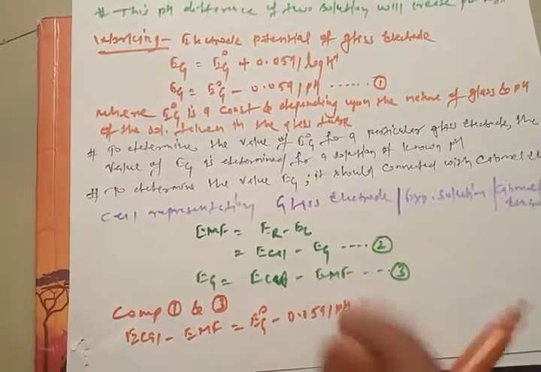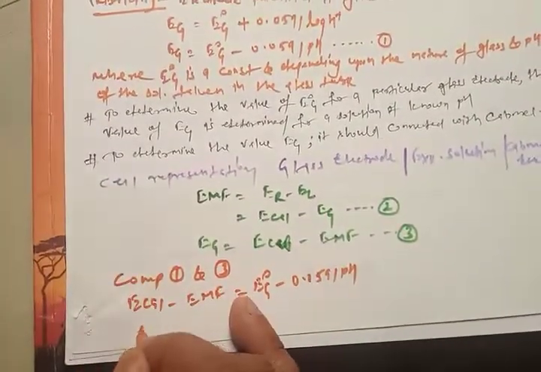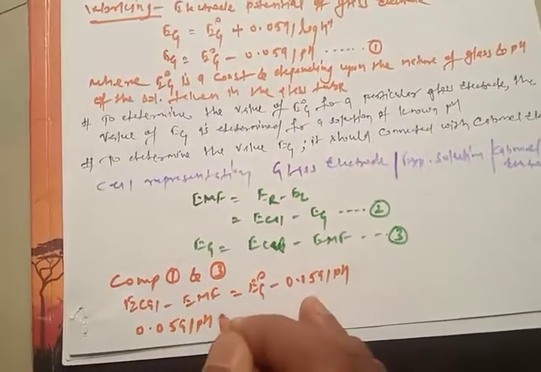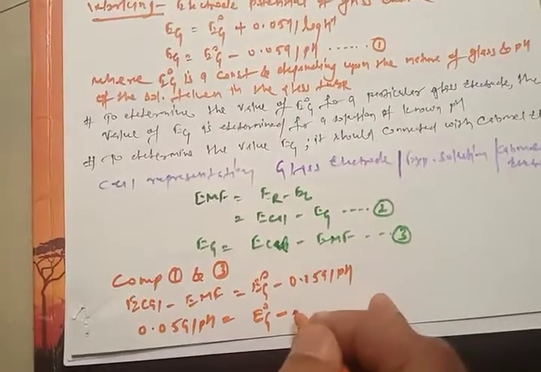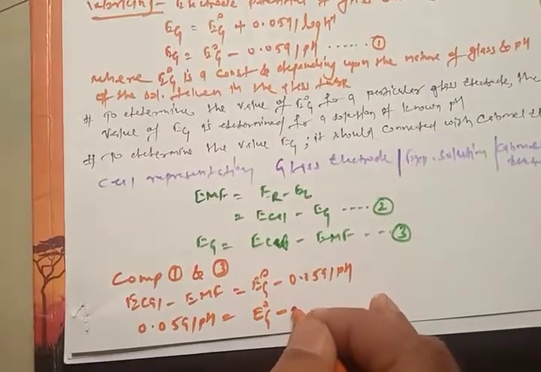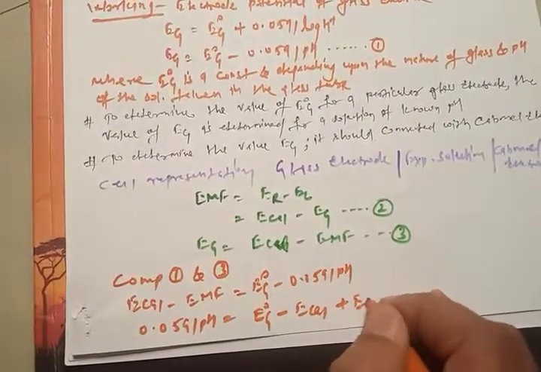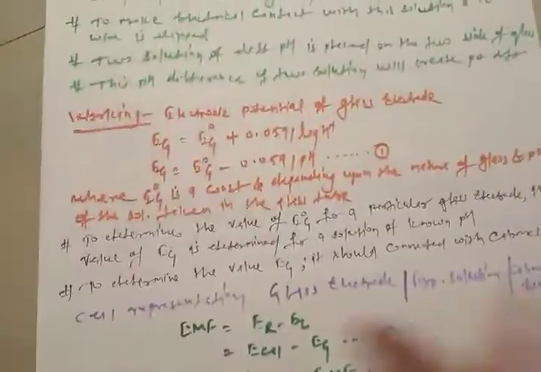Ultimately we want pH, so the 0.0591 pH comes to this side, and the rest of the terms go to the other side: E naught G minus E calomel plus EMF, where I'm talking about the EMF of this cell.